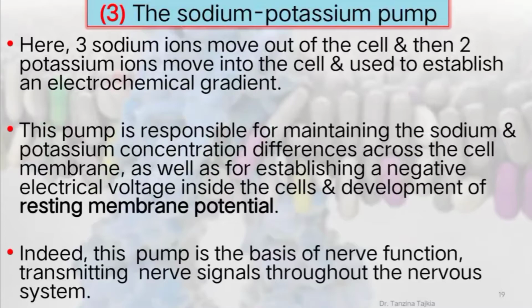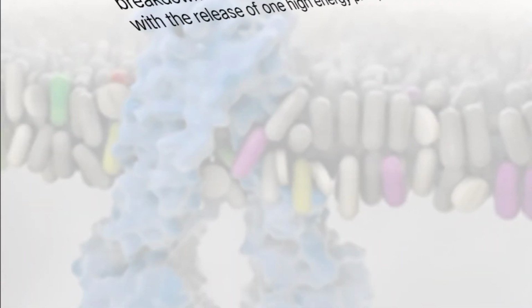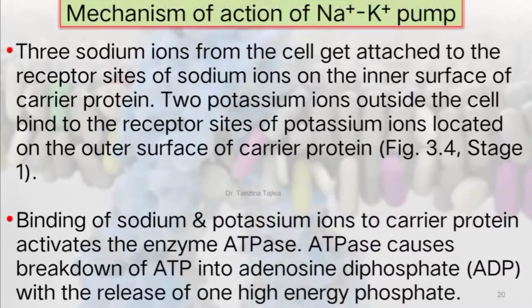Indeed, this pump is the basis for nerve function, transmitting nerve signals throughout the nervous system. In this lecture, we mostly elaborately discuss the sodium potassium pump, because this pump is very important for our body and for our education.